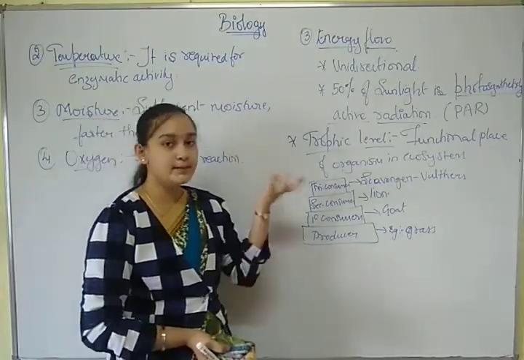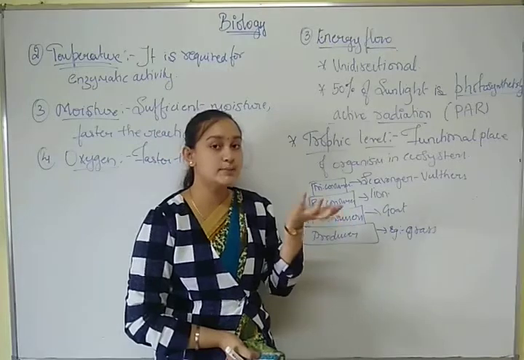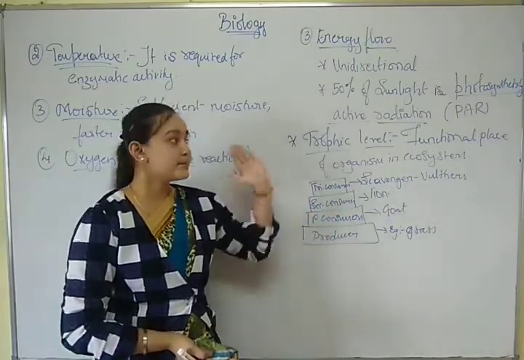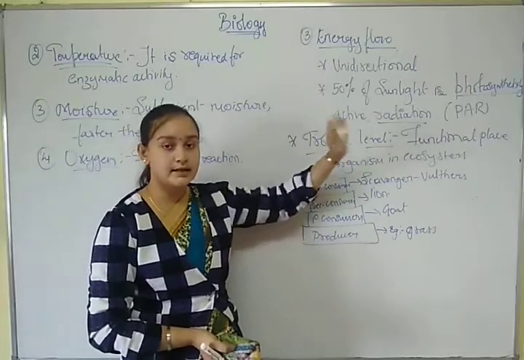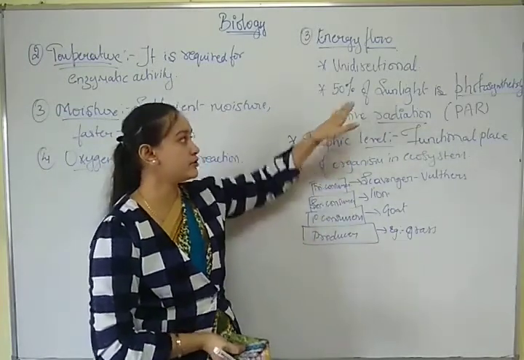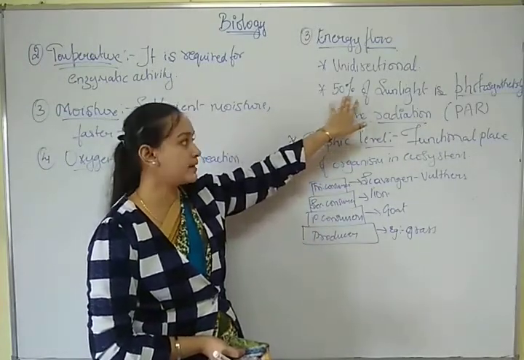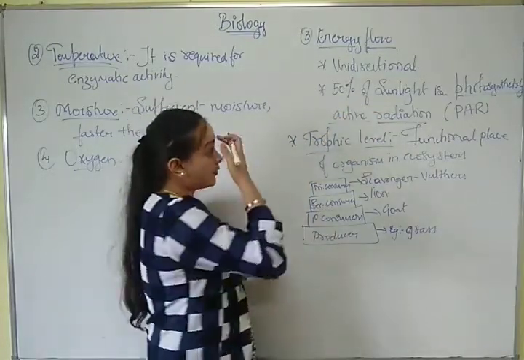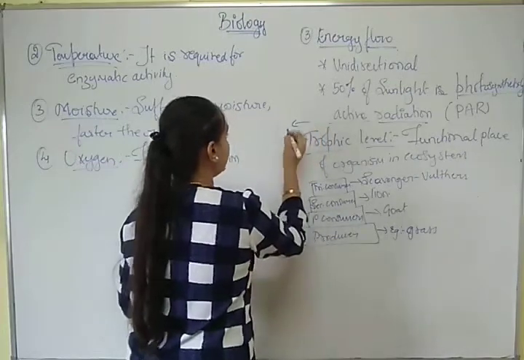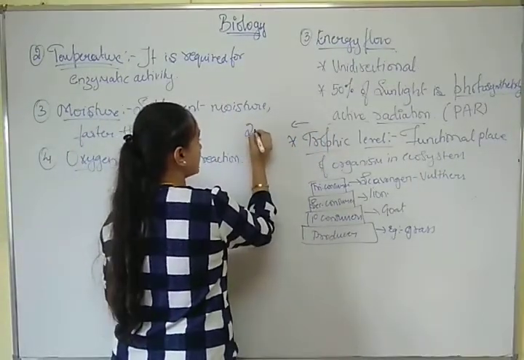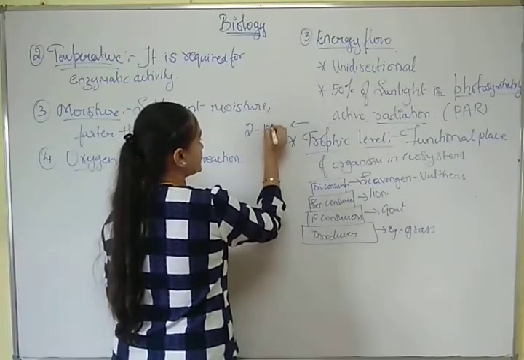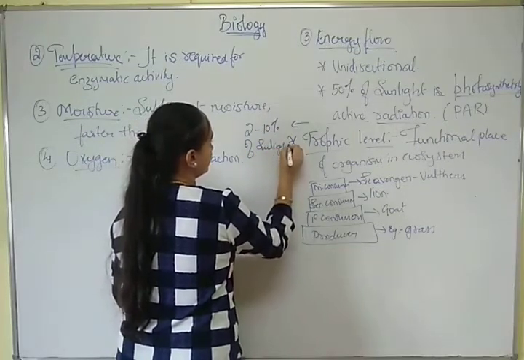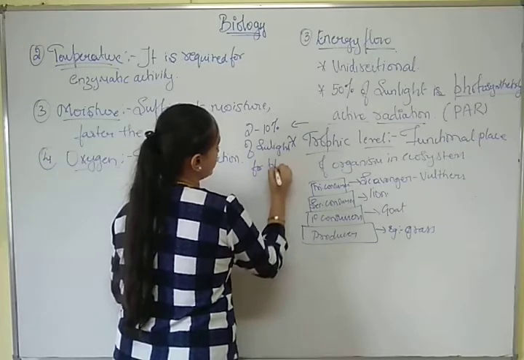Of the sunlight available, through which the plant makes food, not all is needed by the plant to prepare the food. Among that, only 50% of sunlight is photosynthetically active. Among this, the plant makes use of just 2 to 10% of the sunlight for photosynthesis.